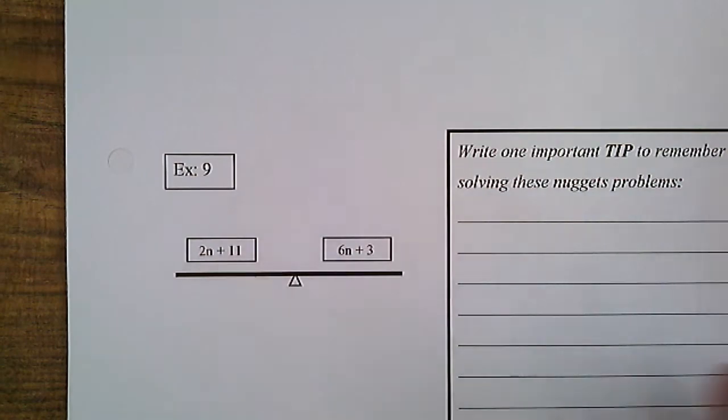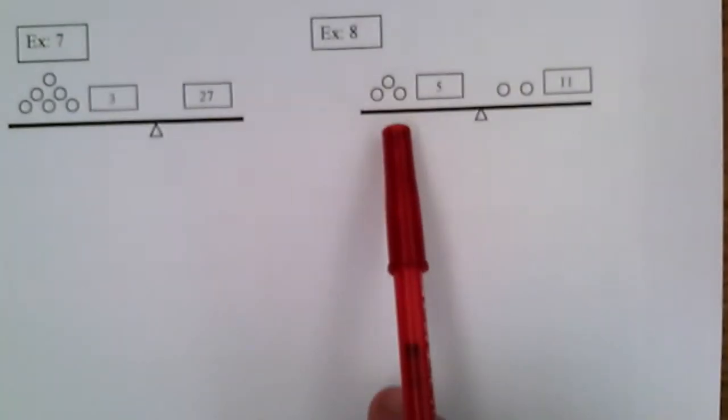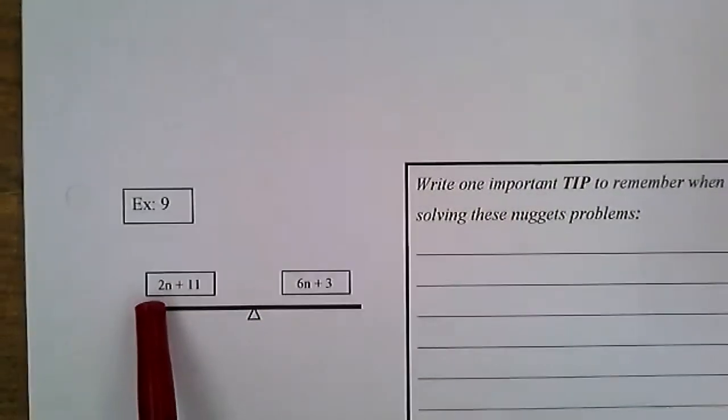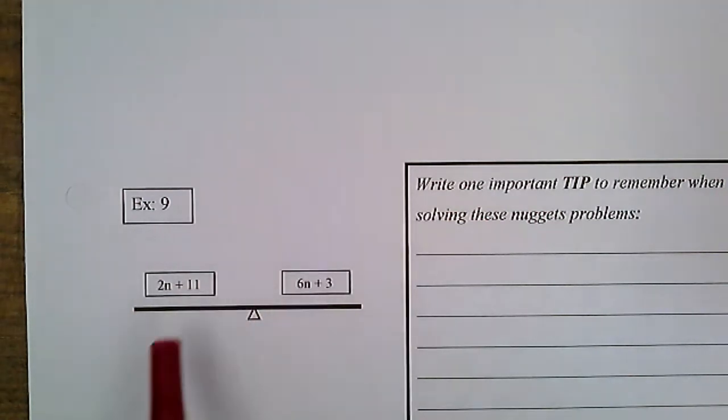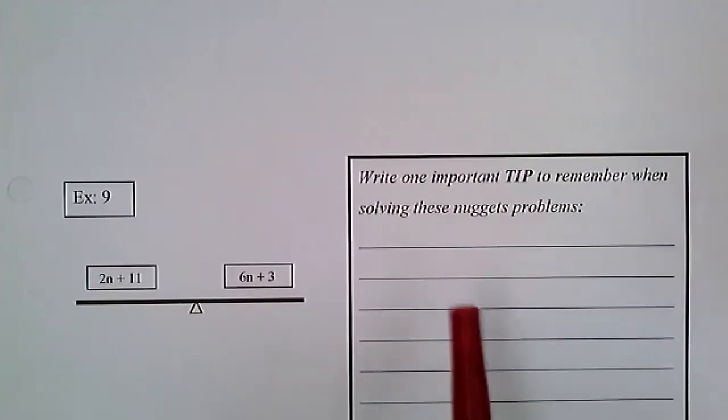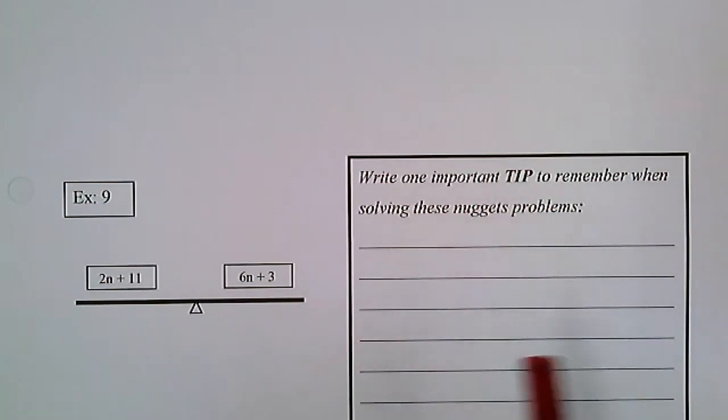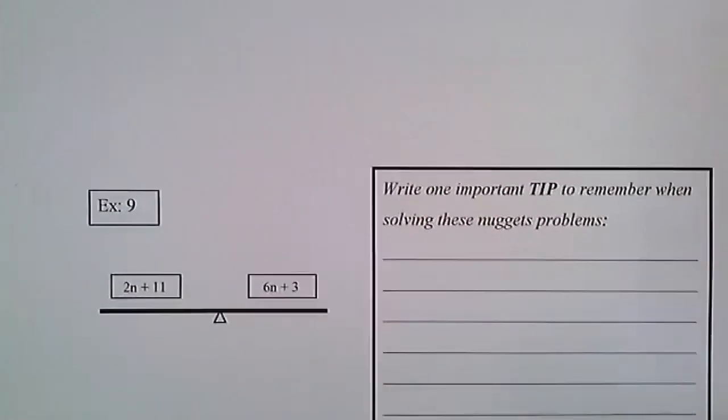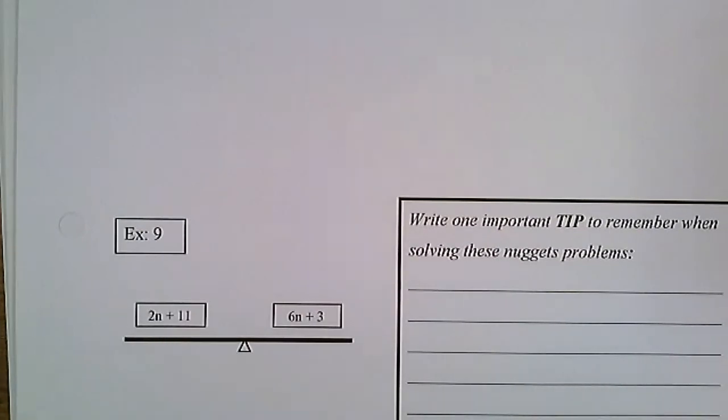So you just do the same thing that we did up here. Okay, so here's 3 nuggets and 5 pounds. Here's the same problem, 2 nuggets and 11 pounds, or similar problem. And then also make sure you go ahead and write yourself a tip on a strategy for playing the game and solving the game.